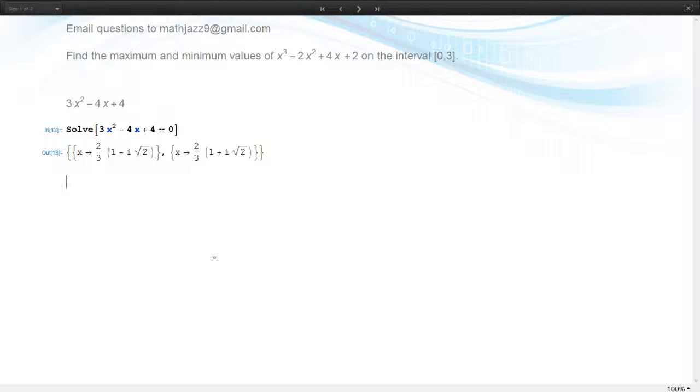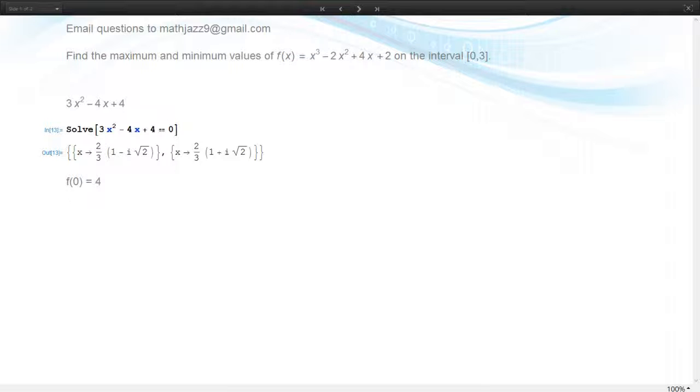So that means that the maximum and minimum values are going to occur at the endpoints of this interval. So we plug in 0, and we get out 4. So if this was our function f, then we have f of 0 equals 4.